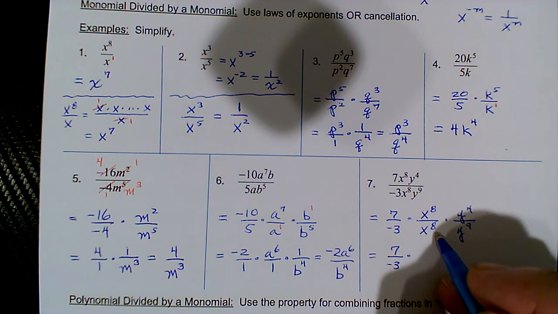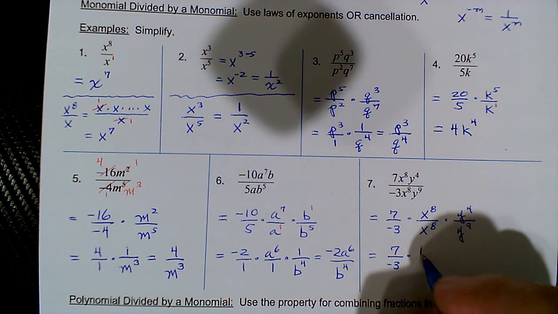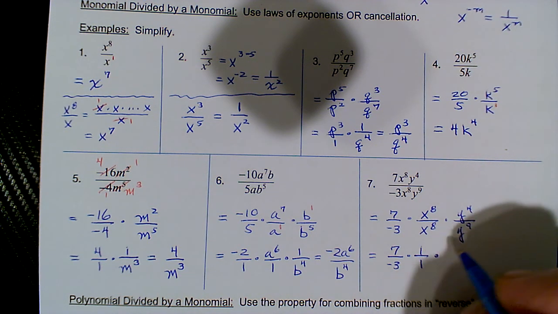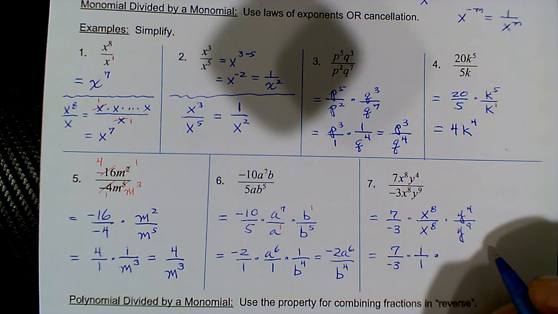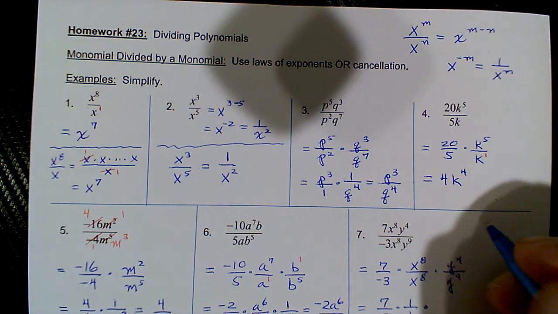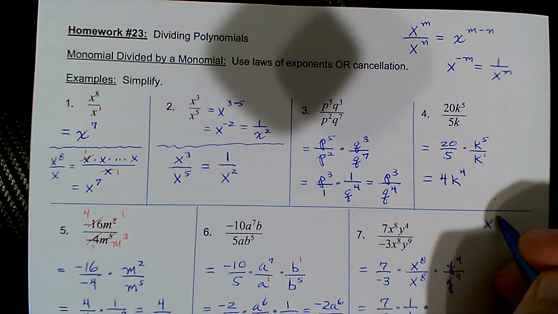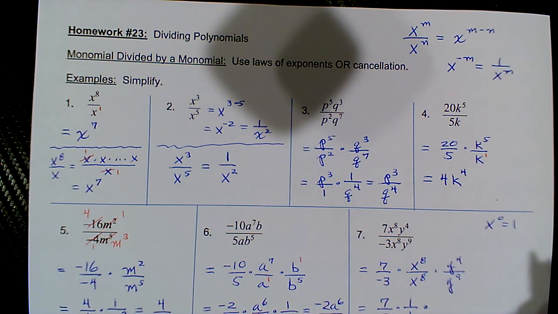Here, it's easiest to think about x to the 8th over x to the 8th as a cancellation to get 1 over 1. Now, you could think about it as subtracting exponents. You'd get x to the 0.